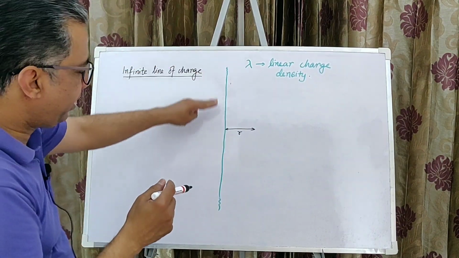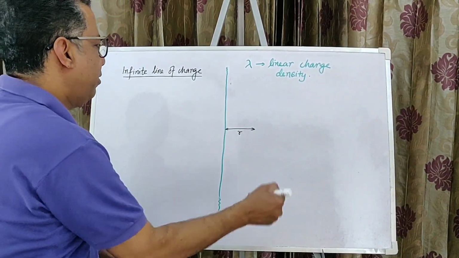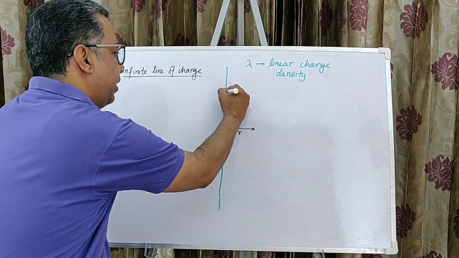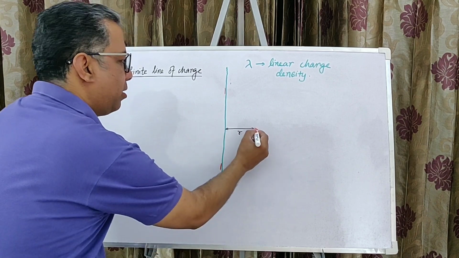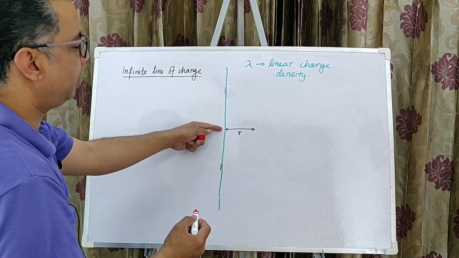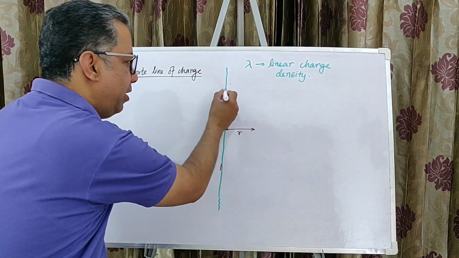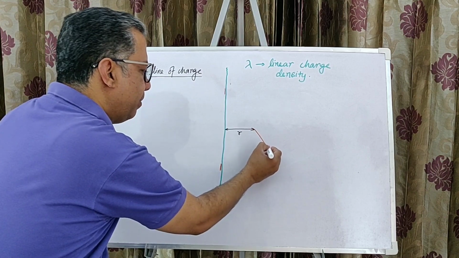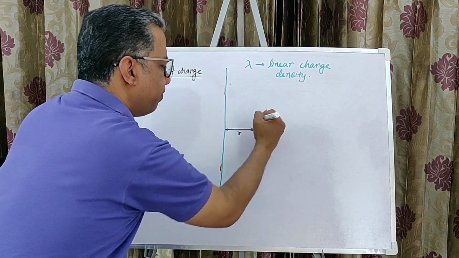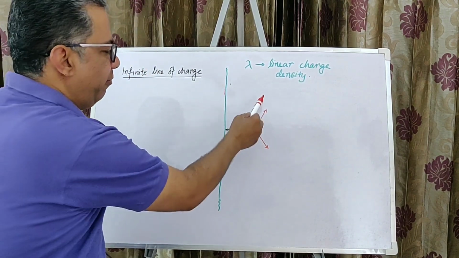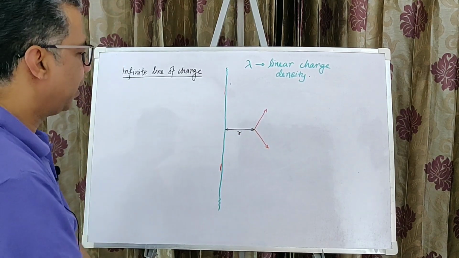Now, the symmetry of this charge distribution tells us something. If we consider two symmetrically located elements, one over here and one over here, symmetrically located with respect to this point, so this distance and this distance are equal, the elements are equal. Then the field due to this element will be in this direction, and the field due to this element will be in this direction. Both are equal fields and both are symmetric, so the angles are all the same here.